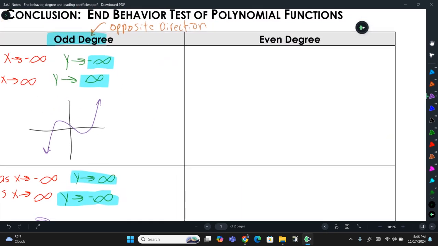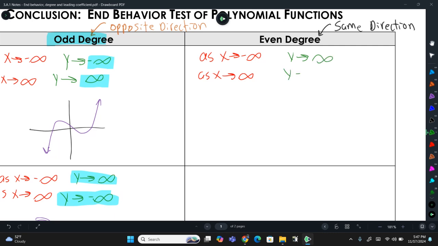Now an even degree function, if the degree is even, the ends go in the same direction. When we had our absolute value functions and our quadratic functions, this is what we would have. So as x approaches negative infinity and as x approaches positive infinity, if we have a positive leading coefficient, both sides go up to positive infinity.